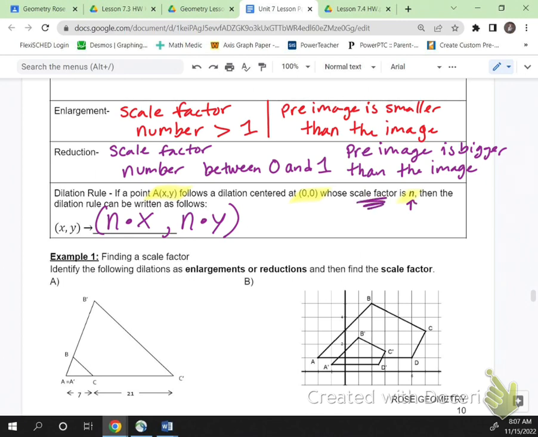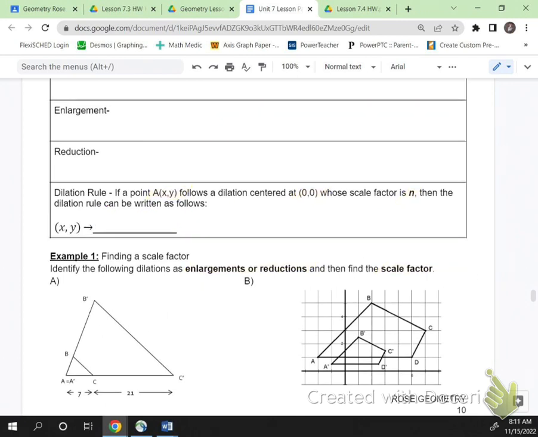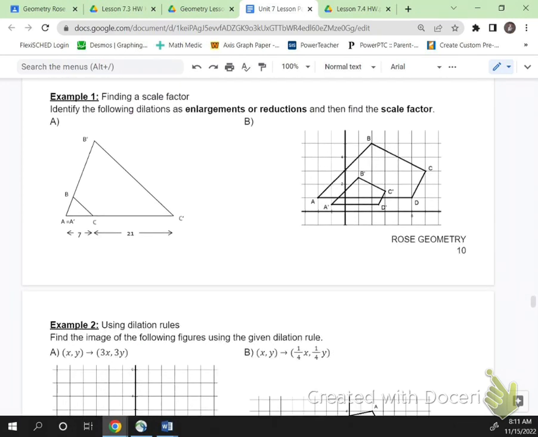You ready to try it? No. Here we go. In example 1, we need to find the scale factor, identify if it's an enlargement or reduction. So we have to say what it is and the number. It's important that we read. We lost a lot of points on that Unit 6 test because we weren't reading the instructions.